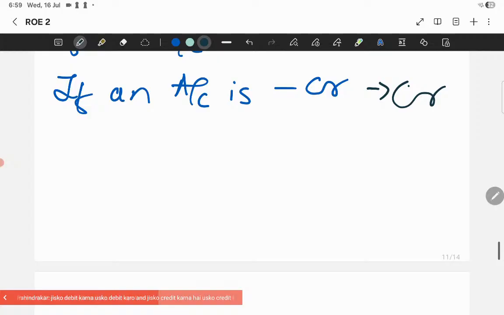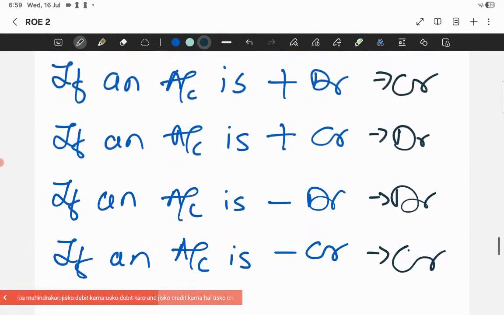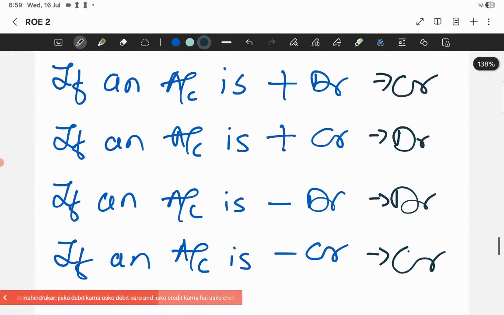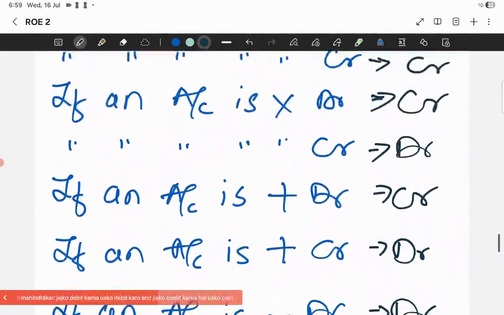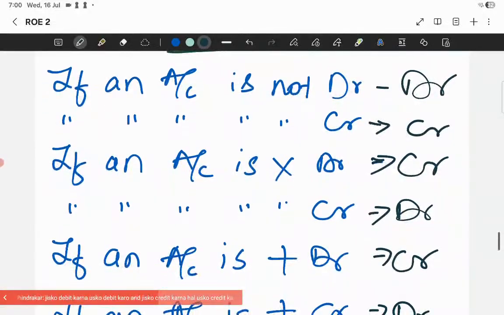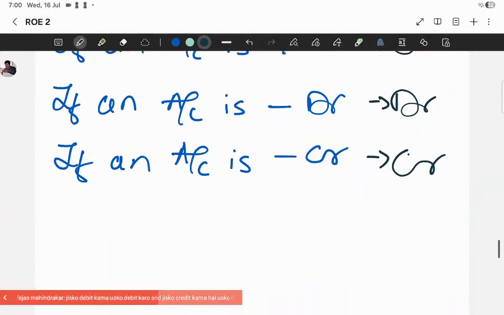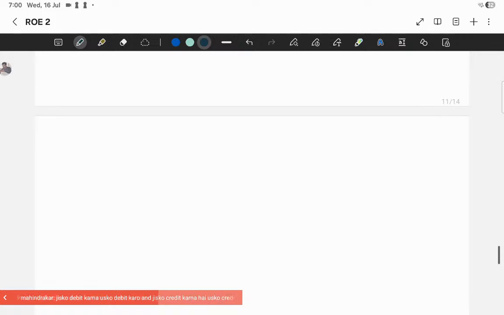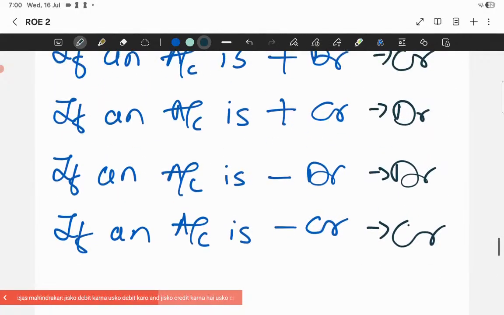Now, if you remember this, then it's going to be very easy for you to rectify the errors. Have you understood these rules?